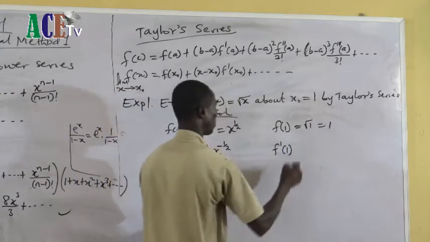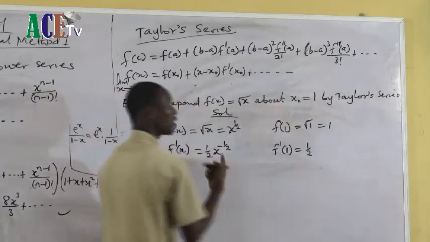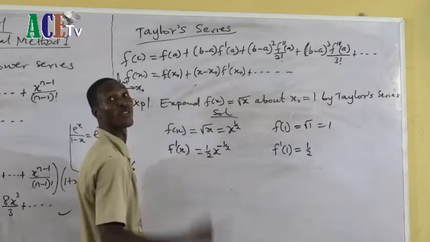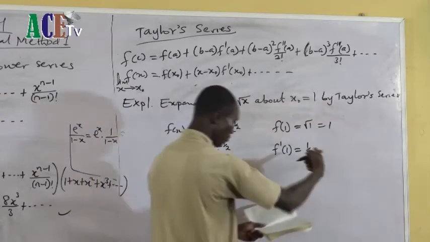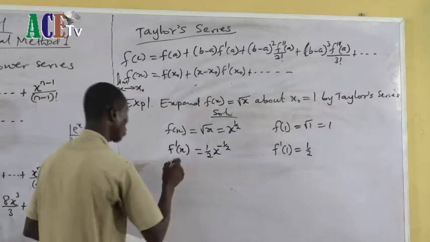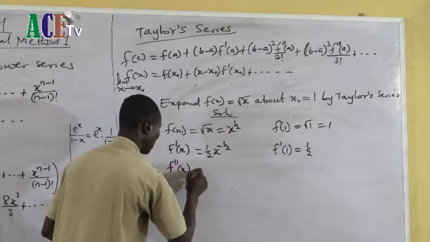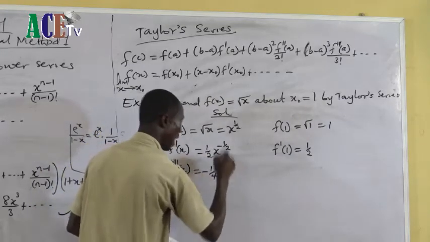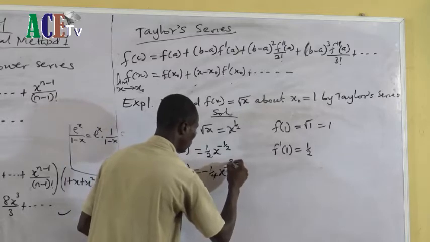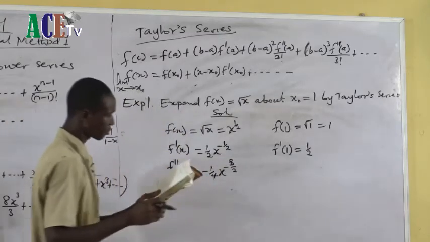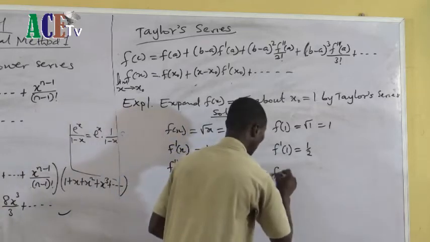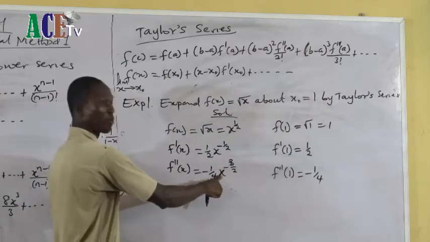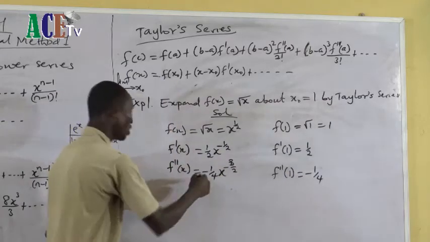So f prime of 1 gives me 1 over 2, because if I put 1 here, 1 raised to the power minus 1 over 2 is 1. f double prime of x will give me minus 1 over 4 x raised to the power minus 3 over 2, and f double prime of 1 will give me minus 1 over 4.